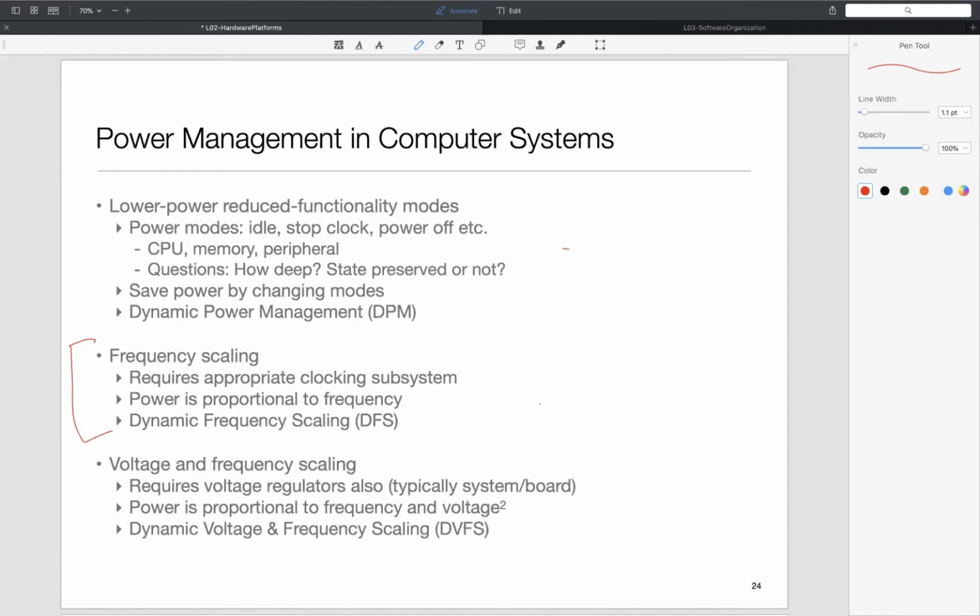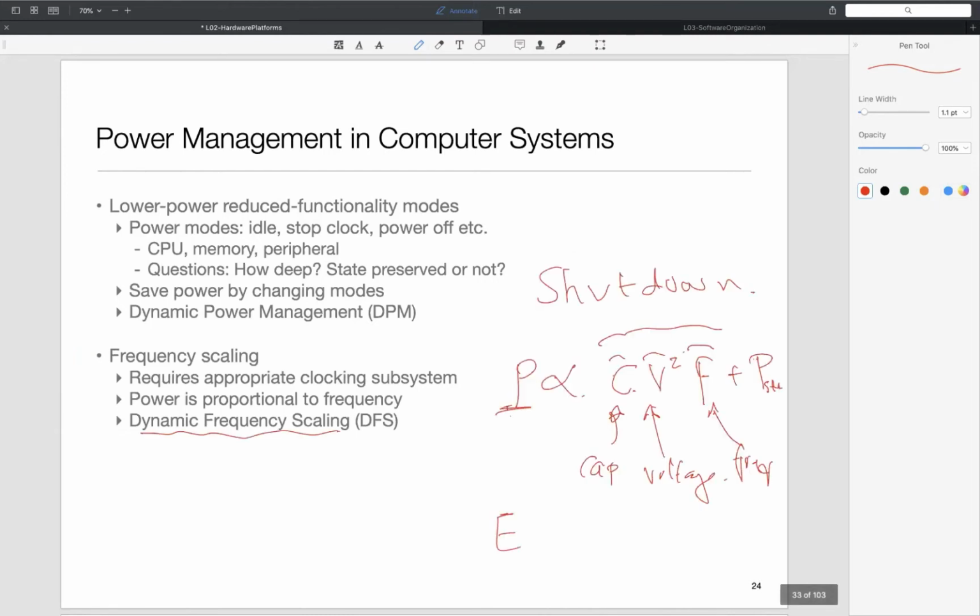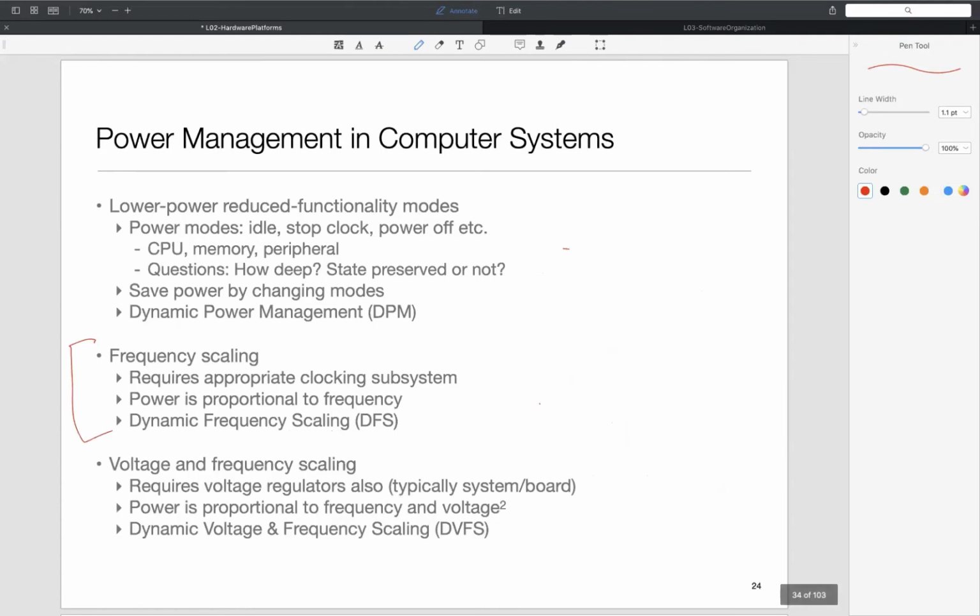So if I stare back at this formula, voltage is a square term, which basically means that if I am able to reduce the voltage, then I actually get a quadratic improvement, and depending upon things, maybe even more.